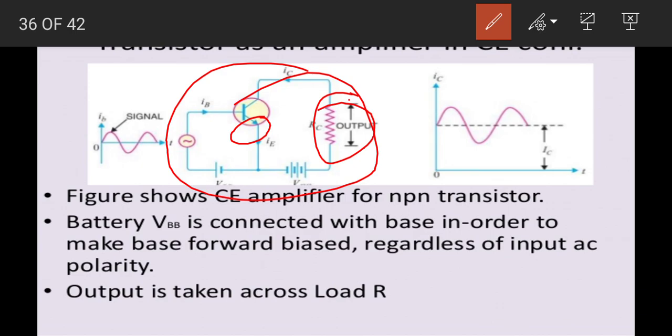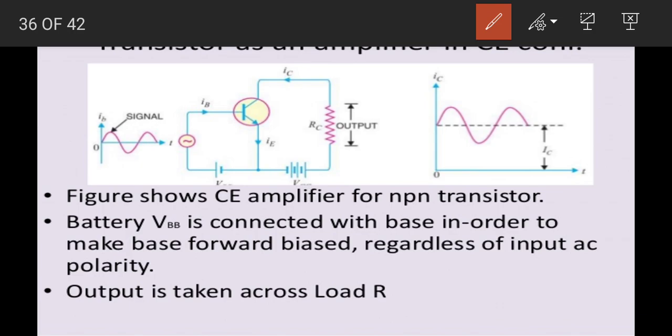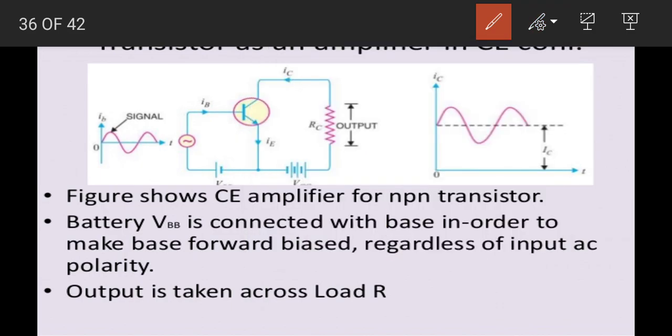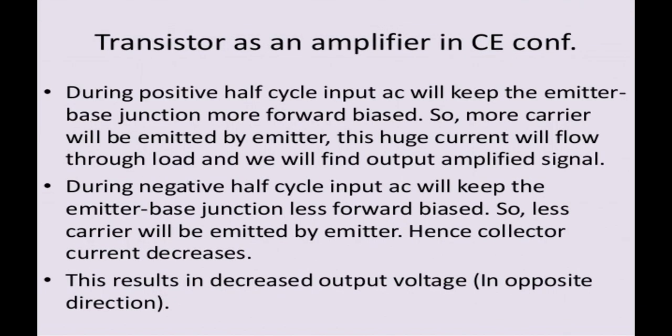So this is the diagrammatic representation of the common emitter configuration, the transistor as an amplifier.